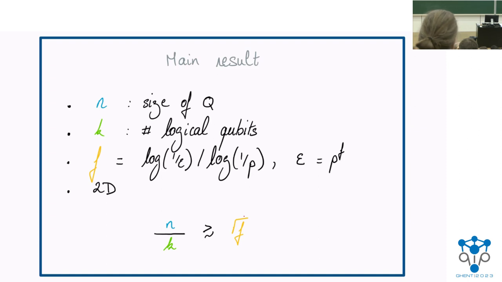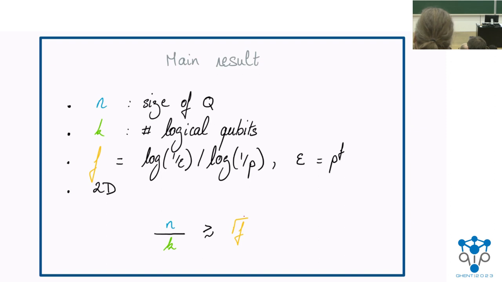Although the expression might be a bit unreadable there, the idea is if you can correct up to error epsilon, then epsilon can be expressed as p to the f. So f quantifies to what extent your error is exponentially suppressed. And ideally, what we would like is f to scale polynomially in the size of the system so that we can have some kind of exponential expression.